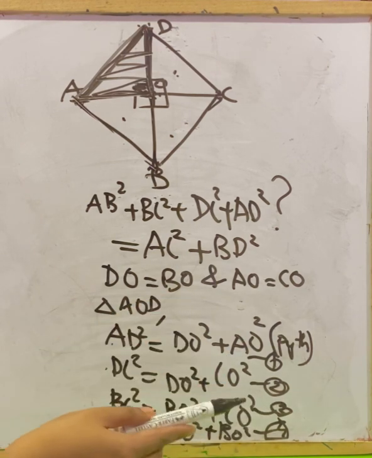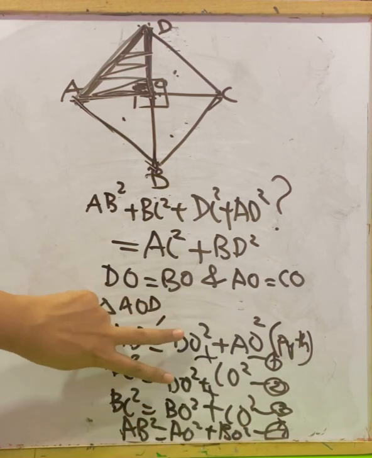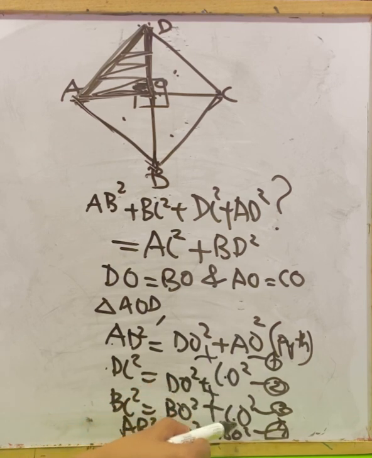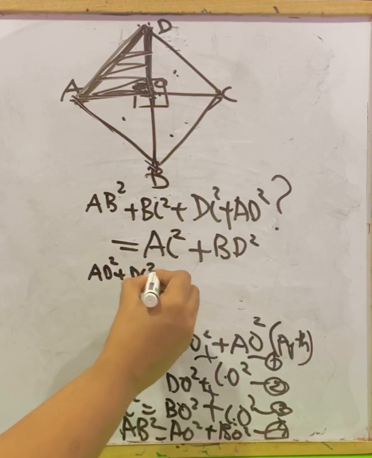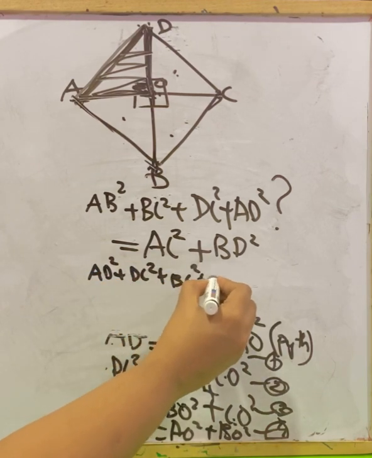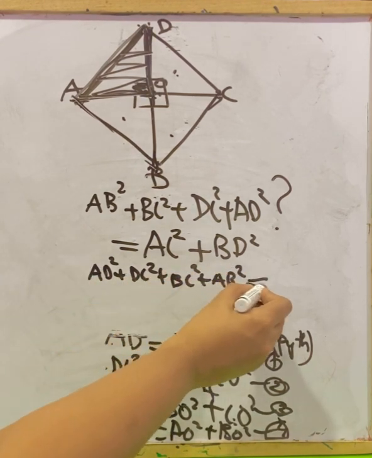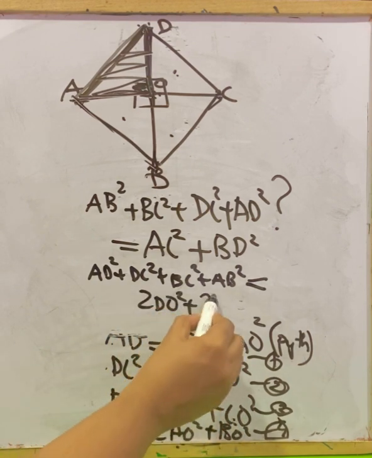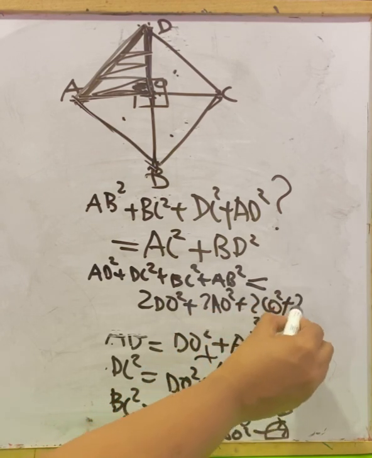And on the RHS part, adding all these equations, we have 2 DO squares, 2 AO squares, 2 BO squares and 2 CO squares. So adding these four equations, we got this LHS is equal to 2 DO square plus 2 AO square plus 2 CO square plus 2 BO square.